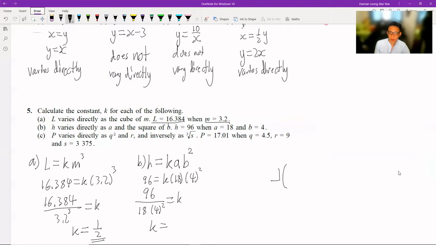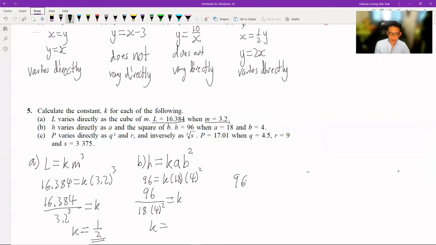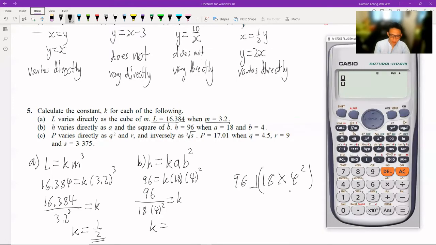So you have to bracket to contain everything on top and everything below. If not, it will just separate. If you write 96 over 18 times 4 square, that would be wrong. You have to bracket this one. Basically like that: 96 divide bracket 18 times 4 square.